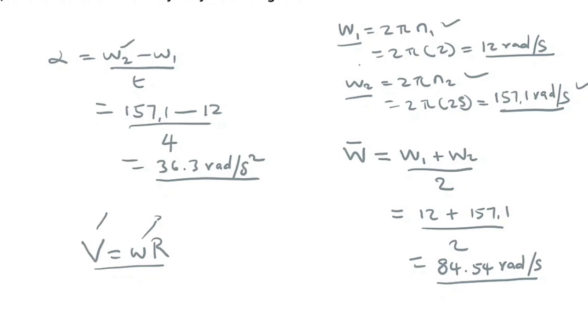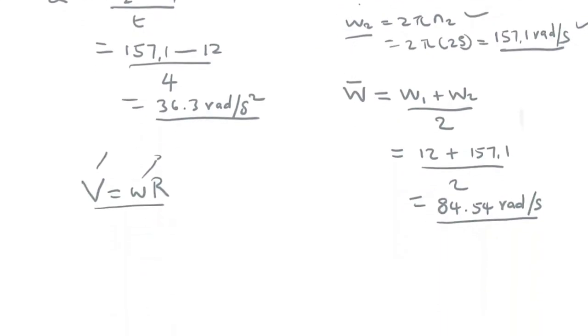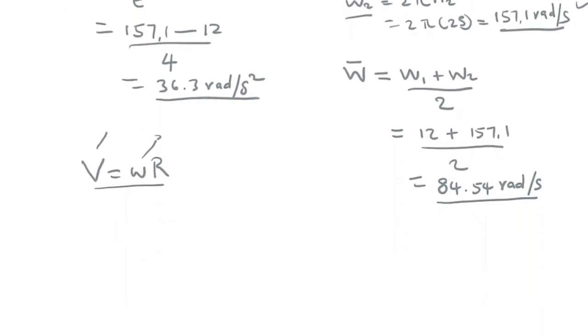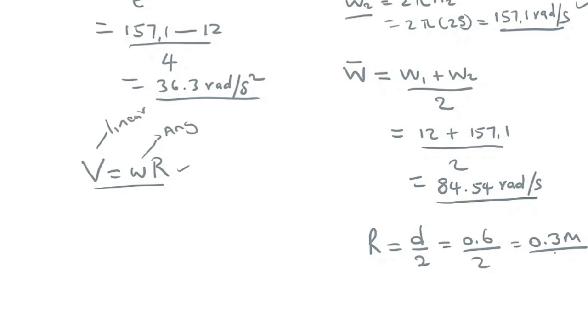Let us write here, r is equal to the diameter divided by 2. The diameter is 0.6 meters, then you divide by 2, you get the radius of the circle, which is 0.3 meter. Then you substitute in this formula. This is a linear property, this is an angular property, so it combines the two.